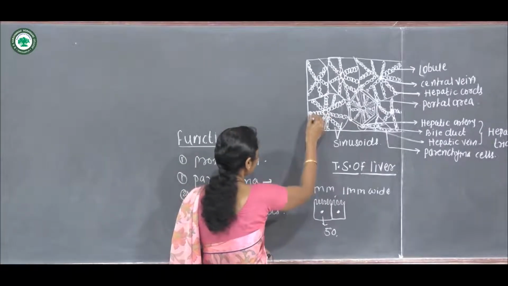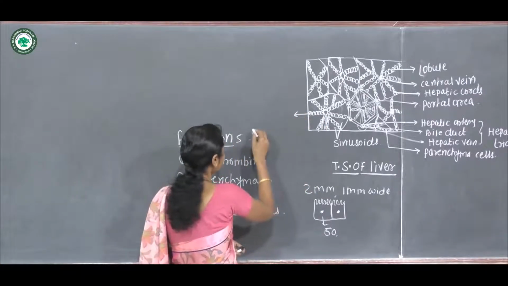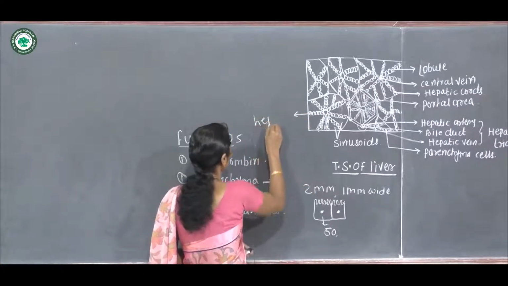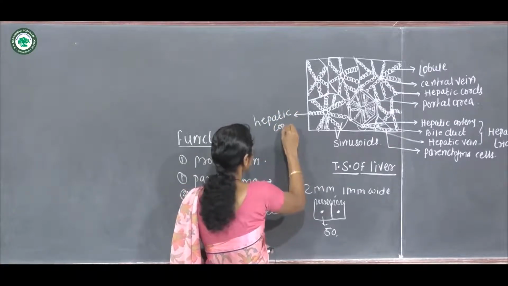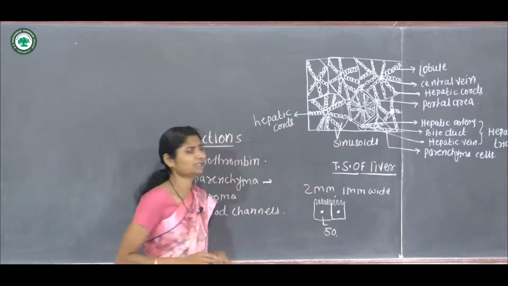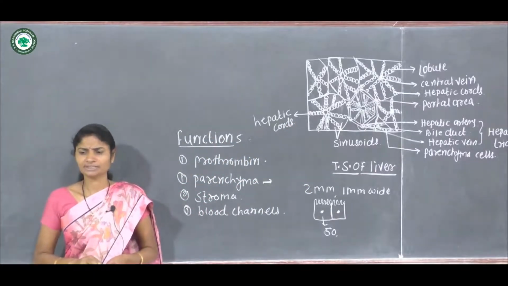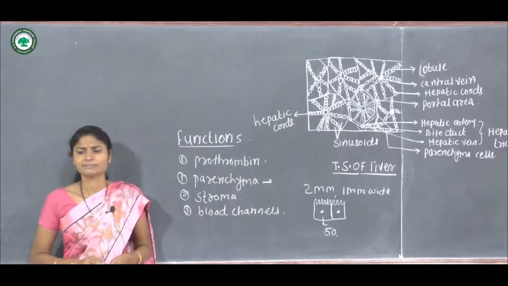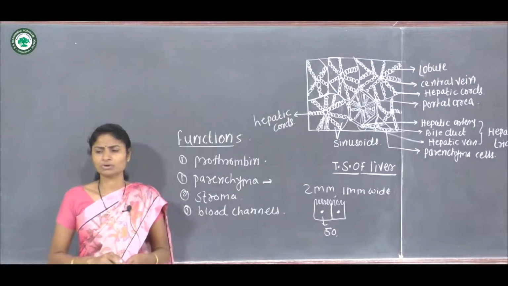These hepatic cells are arranged in a radiating manner and form cord-like structures, so they are called hepatic cords.